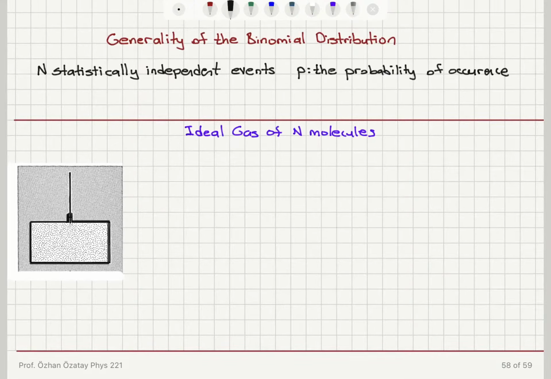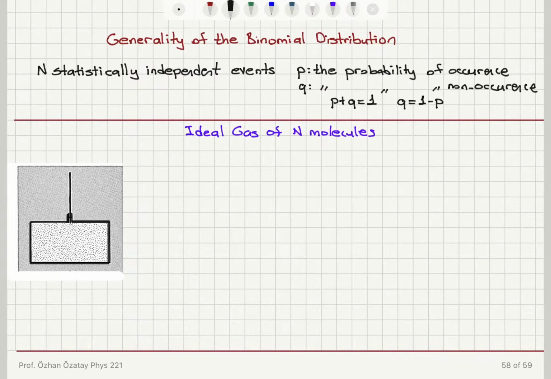Then the probability of non-occurrence, which is not getting a head, getting a tail, would be Q. For a given coin, for a given object in the ensemble, since I have either the occurrence or non-occurrence, I have this relationship P plus Q is equal to 1, or I can say that Q is equal to 1 minus P. So that's for individual objects in the ensemble.